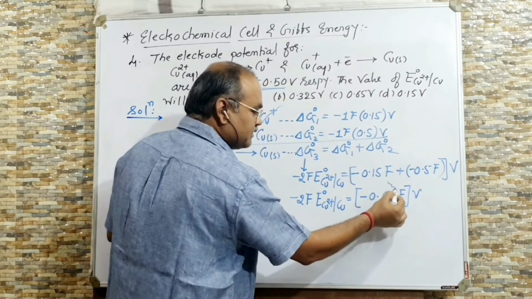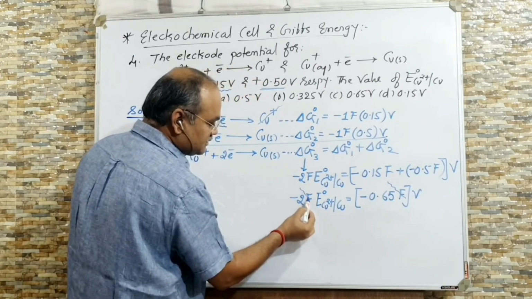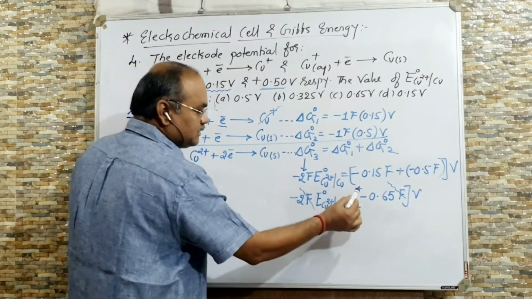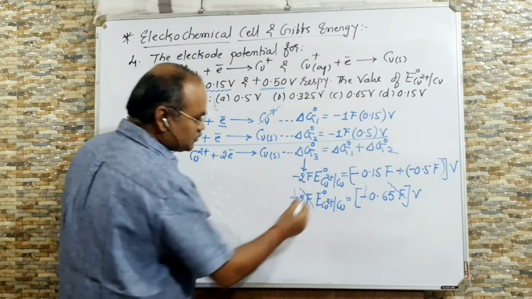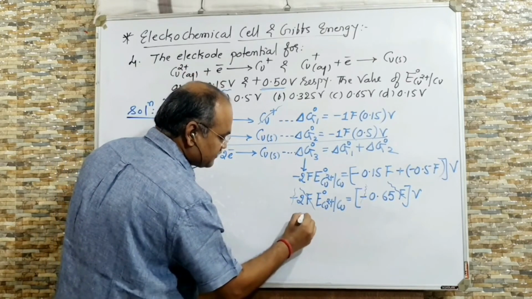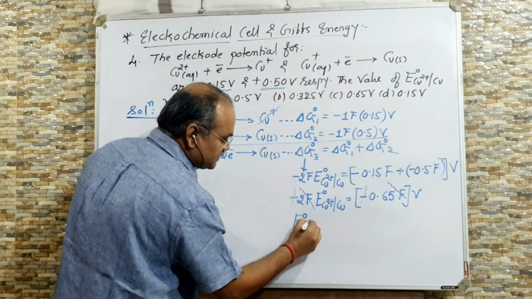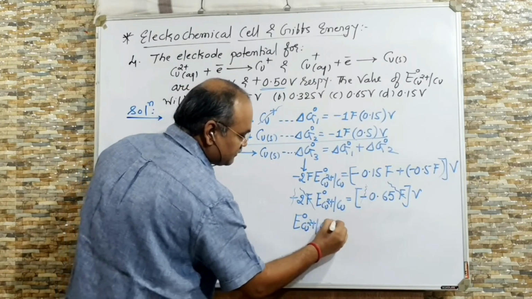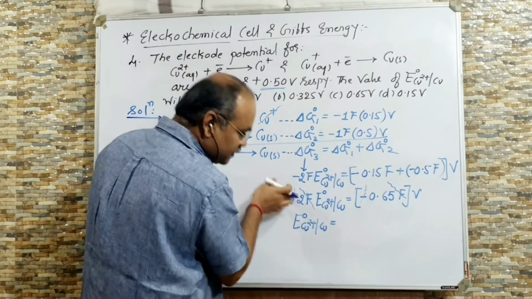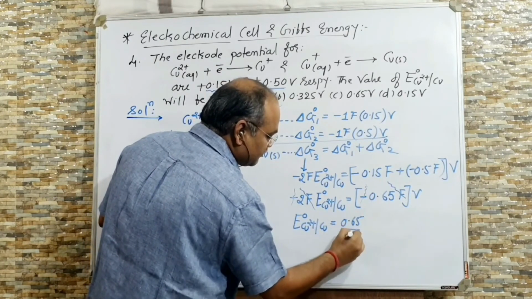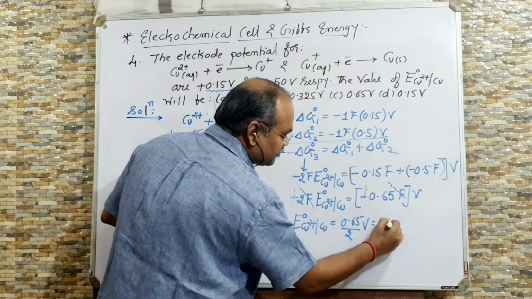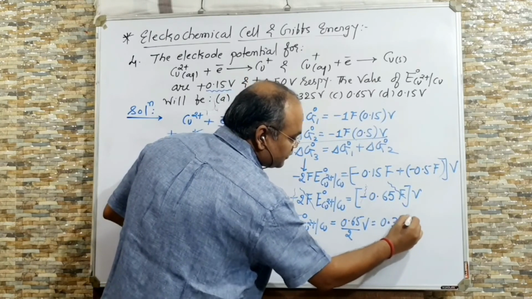Now Faraday cancels, minus cancels. So what is E0? E0 Cu2 plus oblique Cu will be equal to, this 2 will go down, 0.65 by 2 volt. This will be equal to 0.325 volt.